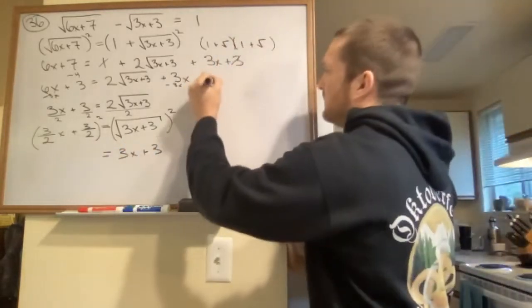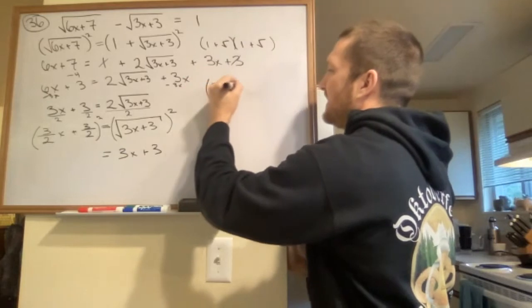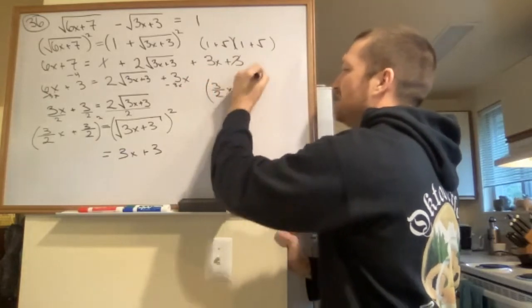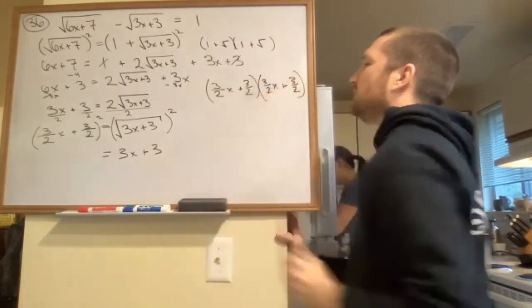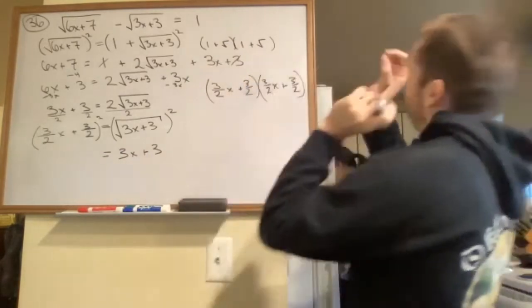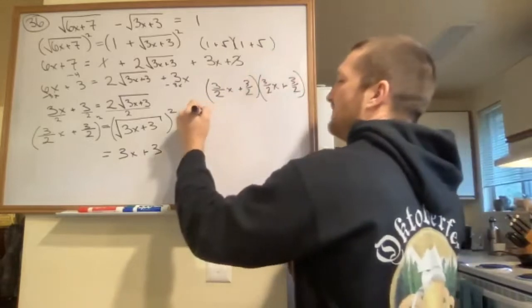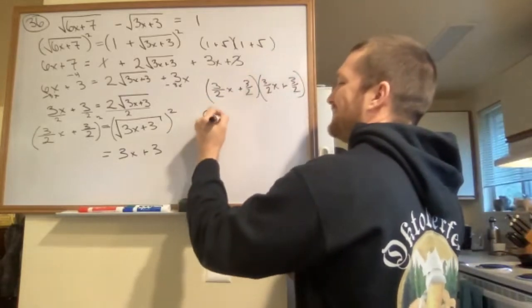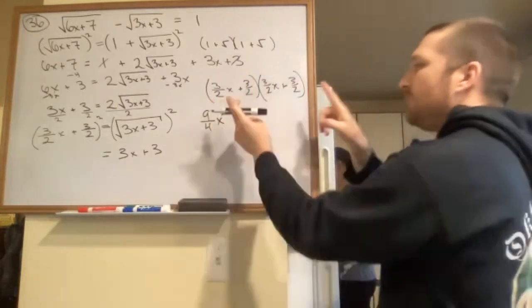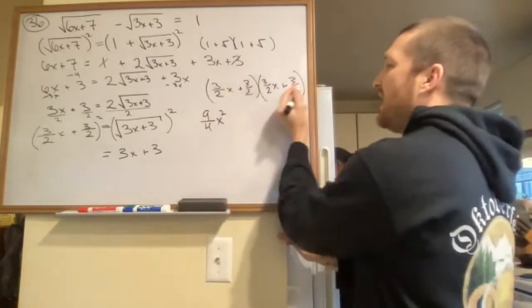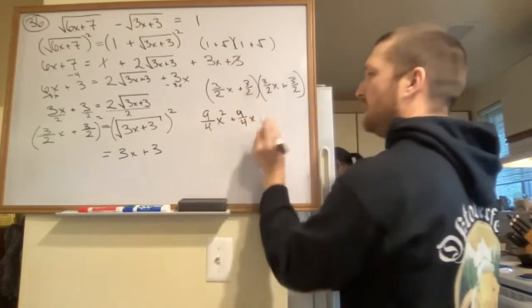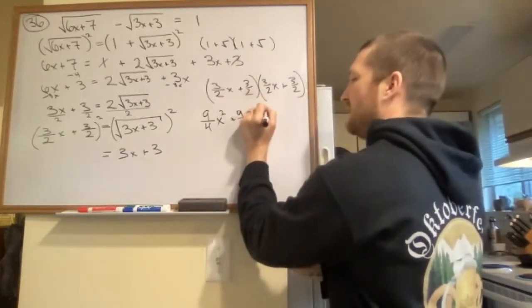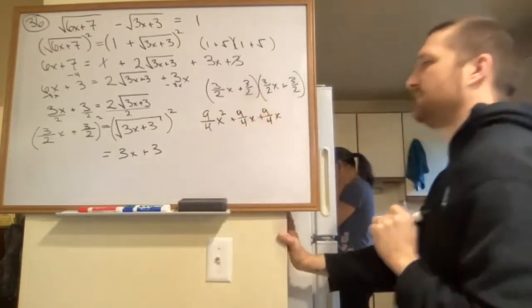All right, I'll just go ahead and write it out. 3/2 x plus 3/2 times itself is 3/2 x plus 3/2. 3/2 times 3/2 is 9/4. x times x is x squared. The outer gives me 9/4 x. The inner gives me 9/4 x.